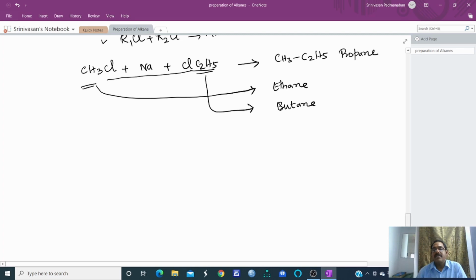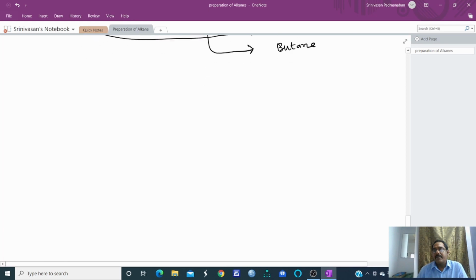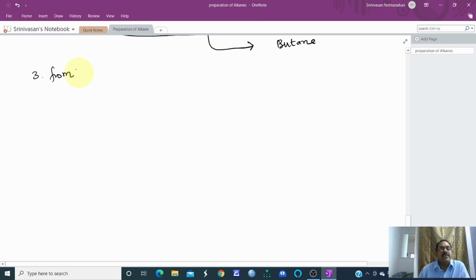The last in this series, so we have here third, is from carboxylic acid, sodium or potassium salts of carboxylic acid.